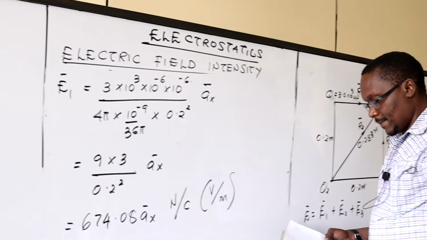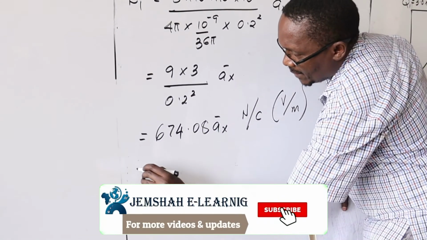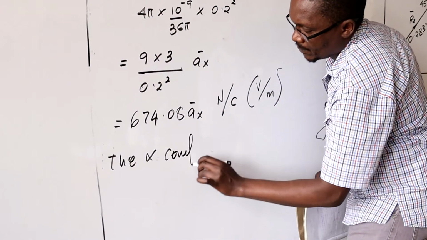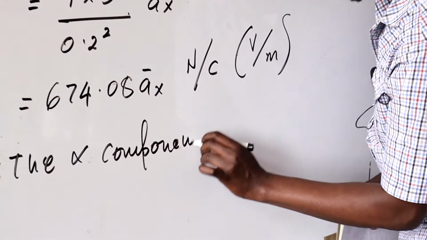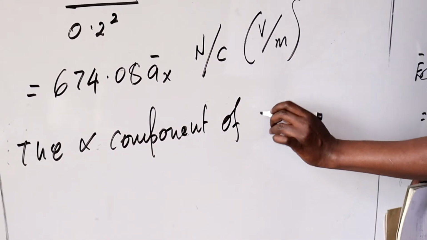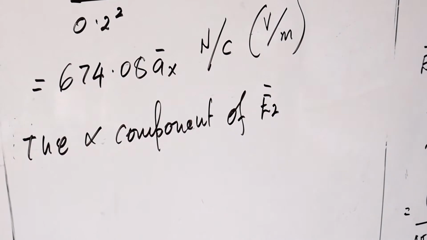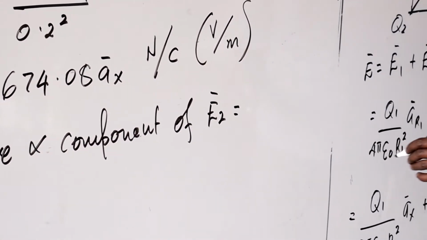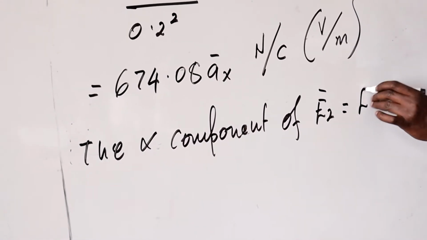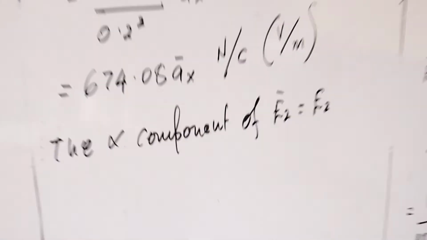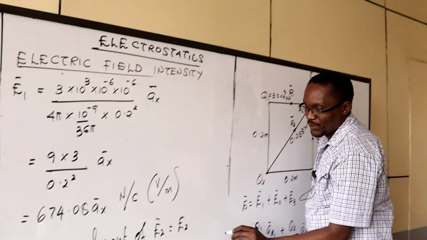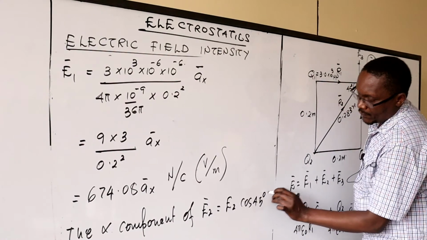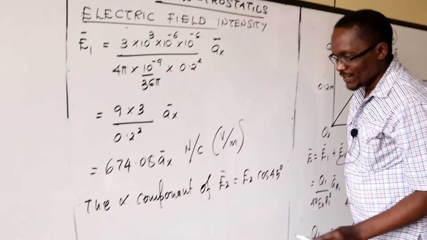Let us start with the x component. The x component of E2 bar is the magnitude of E2 times the cosine of 45 degrees.